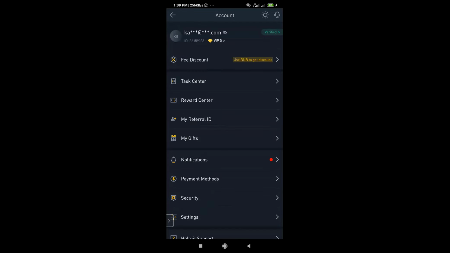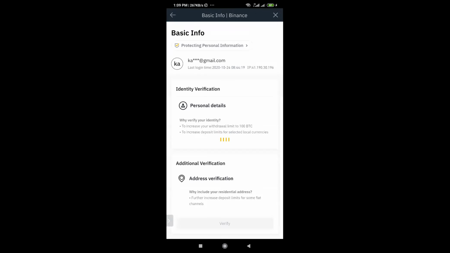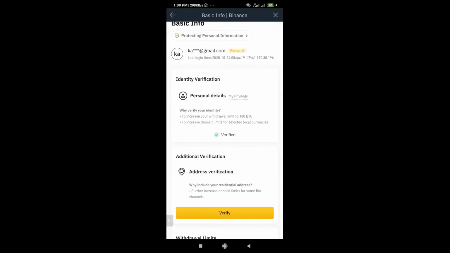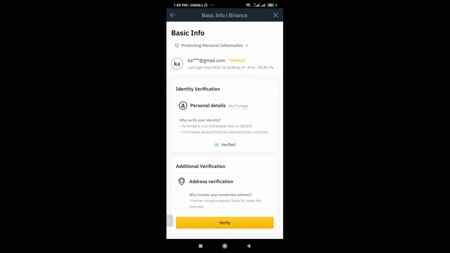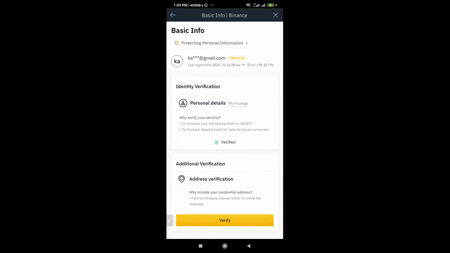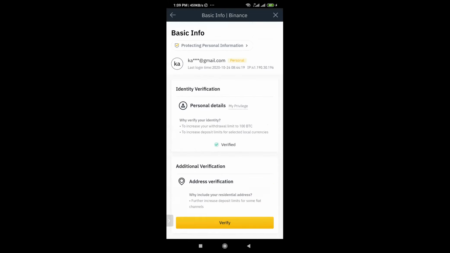But say you just started and you want to verify your account, you have to click your profile here, and then it takes you to identity verification. You can actually verify your Binance account with your BVN. So even if you don't have your driver's license or international ID or national ID or your national passport, you can verify your account with your BVN number. It's not showing that here because I'm already verified.